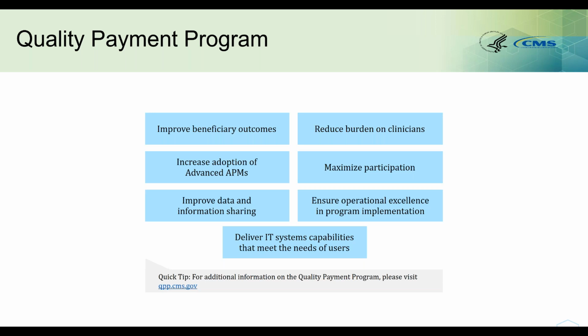So a number of our policies are really focused on that as well. Improved data and information sharing is a strategic goal for this program, and this gets directly to some of the policies that are related to interoperability and data exchange, again, with patients across providers, but also between providers and CMS as well. Next slide.